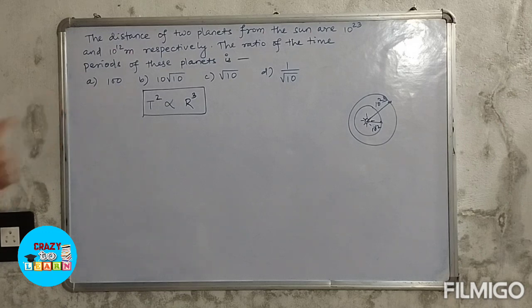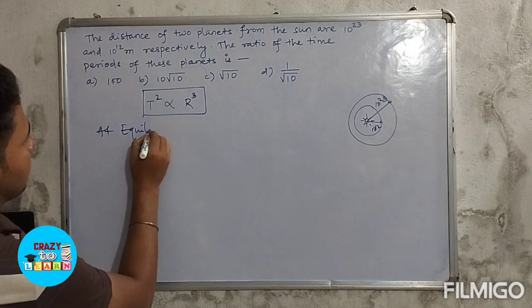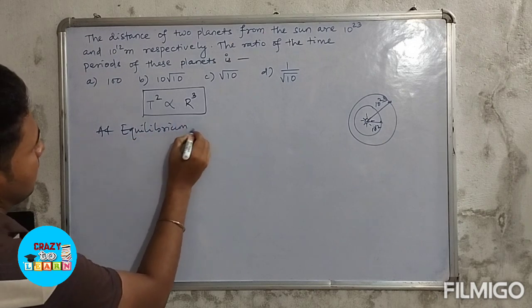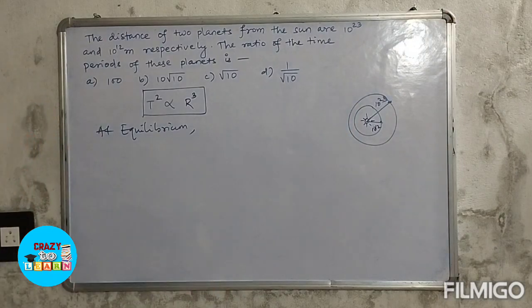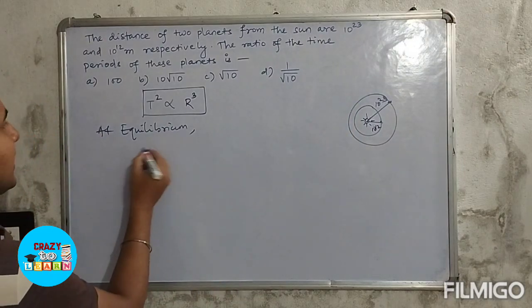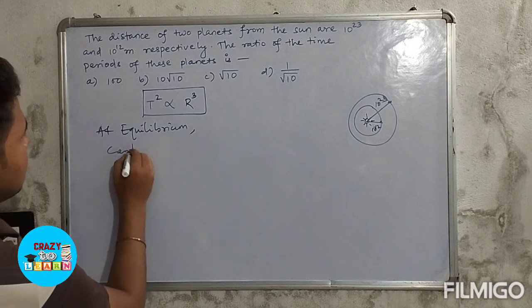You will ask, how do you get this relation? In a similar way as we discussed in the previous question, when the planets are revolving around the sun at equilibrium condition, the centripetal force is equal to the gravitational force.